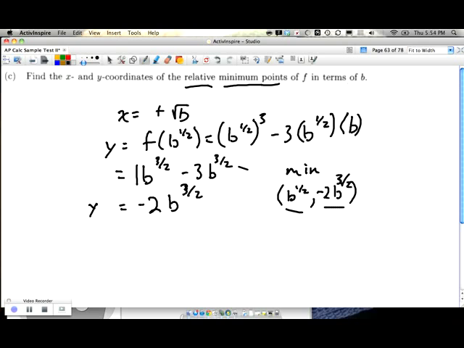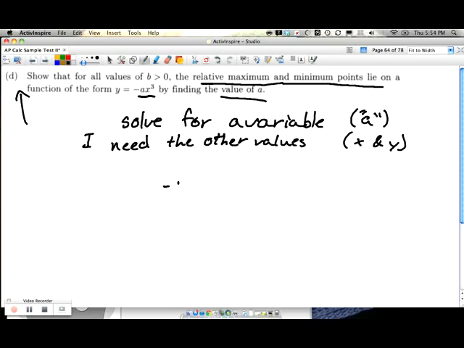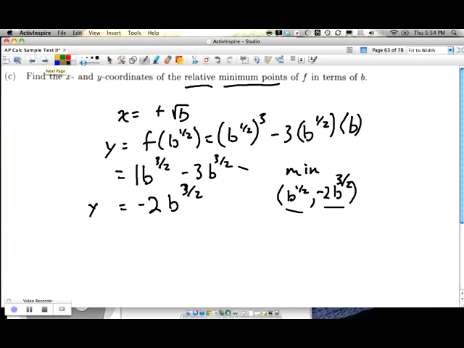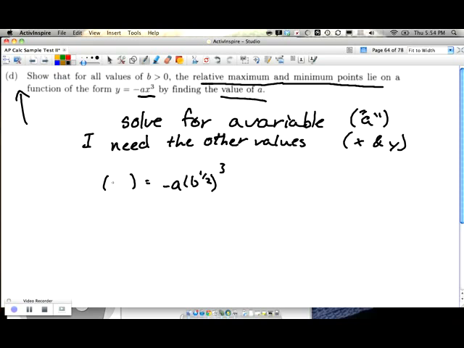So this is going to be negative a times our x, and y is over here. This is going to be b to the 1 half, and that's cubed. And then on the other side we have negative 2b to the 3 halves.